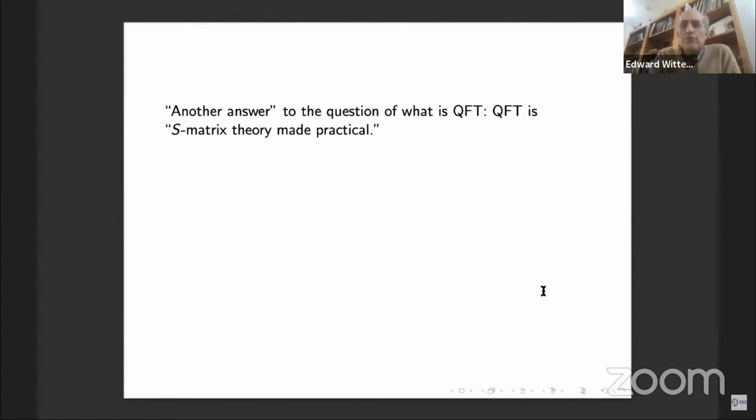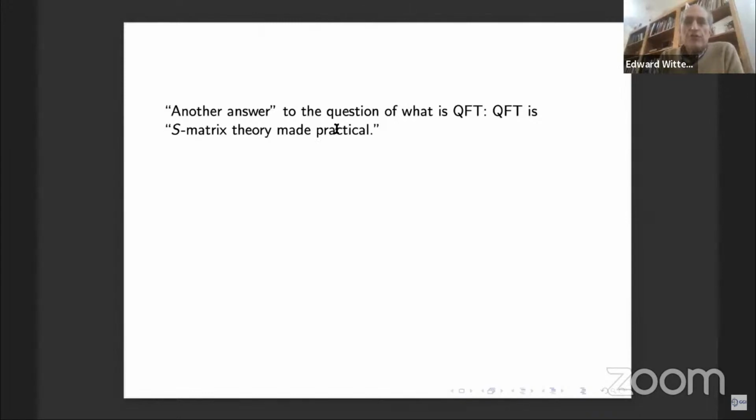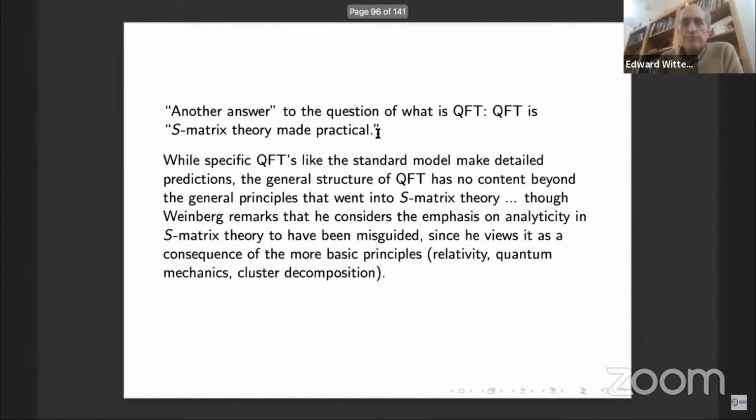So even though he was at Berkeley, the epicenter of S-matrix theory during some of the crucial years, he had never found it appealing. But he says that quantum field theory is S-matrix theory made practical, by which he means the following.